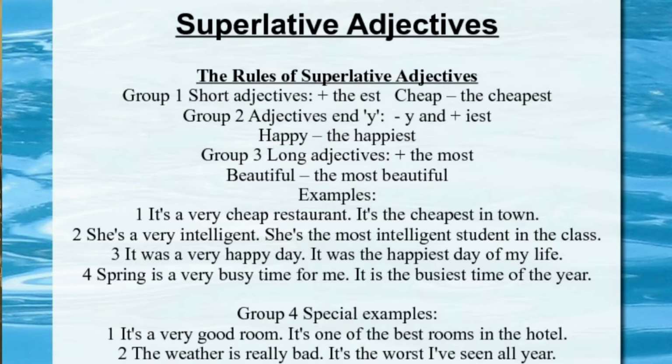With the second group, when the adjective ends in y, to make it a superlative adjective, we again add the, but we subtract the y and add iest to the adjective.